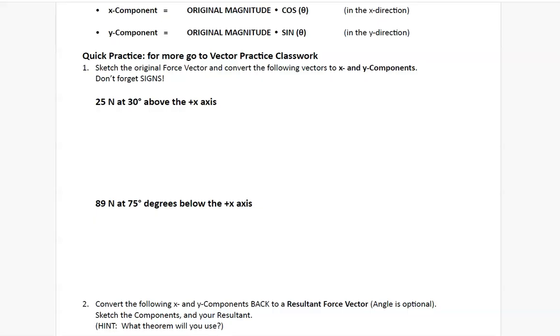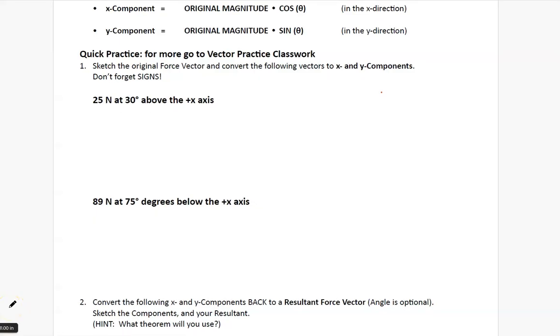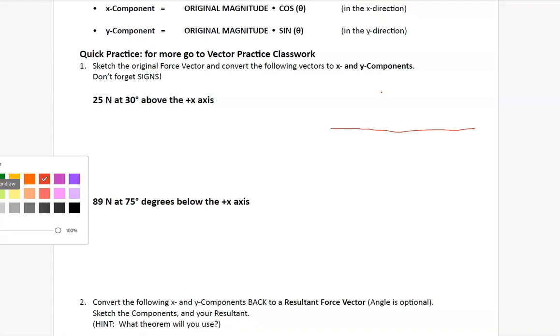All right, so it says you have a 25 Newton magnitude vector at a 30-degree angle above the x-axis. And in some problems, they would say above the horizon. So let's draw what that should look like. If I draw just a horizon, a horizontal line, an x-axis, we ask ourselves, what does this 20 Newton vector look like?